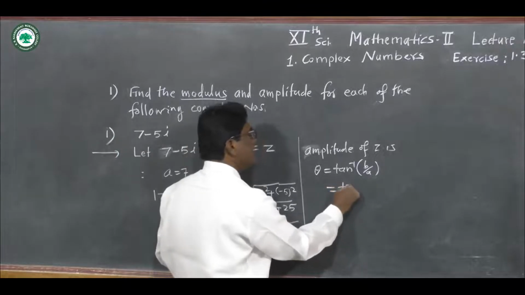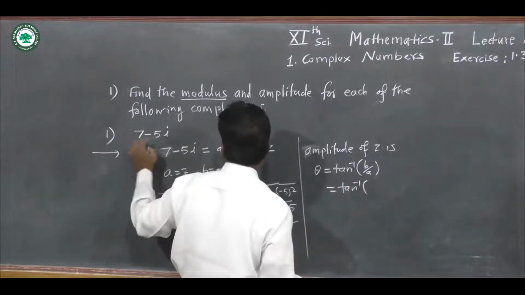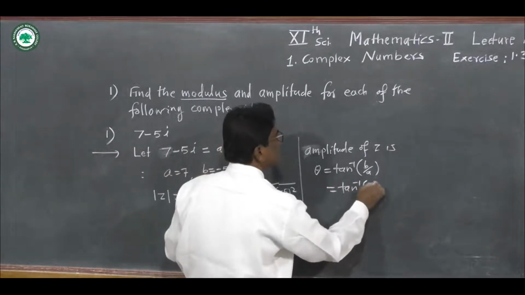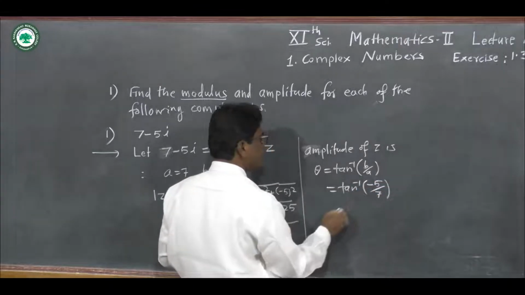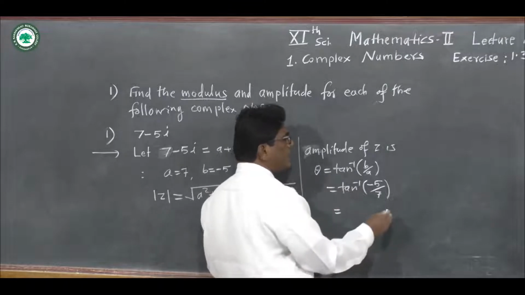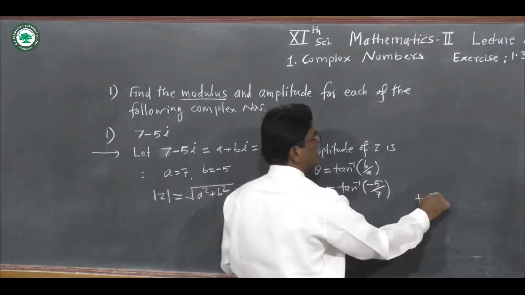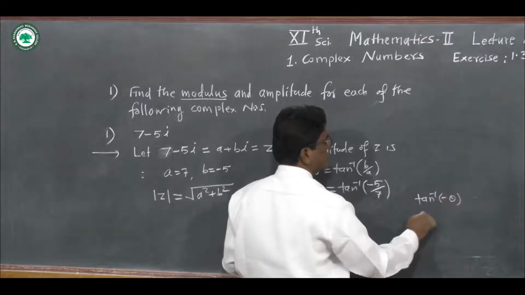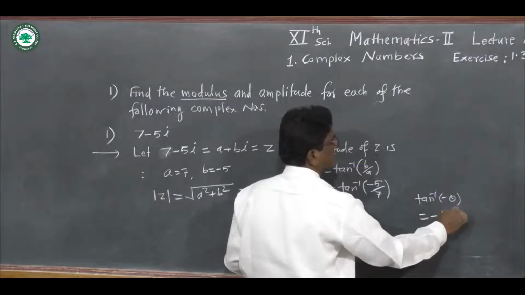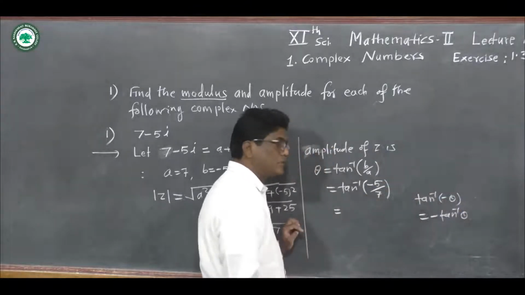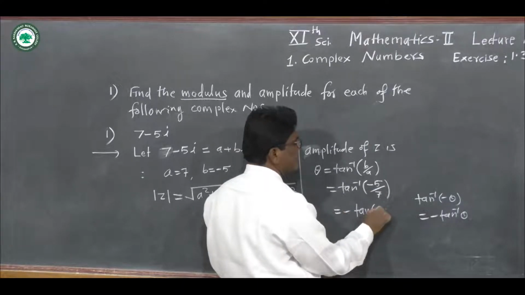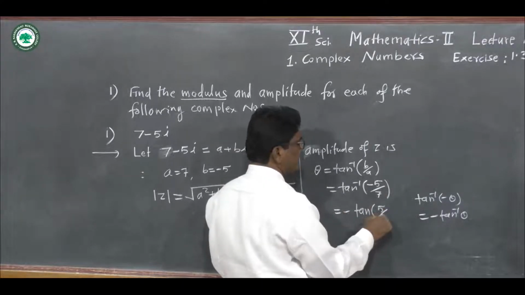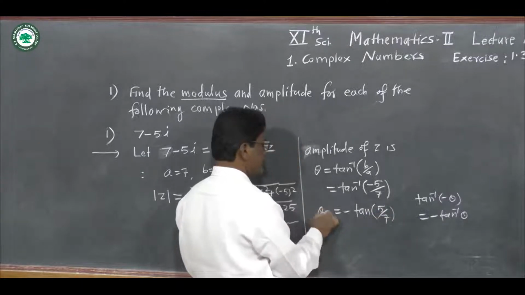Now put the value of b, which is minus 5, and a is 7. Now there is one formula, tan inverse of minus theta is equal to minus tan inverse of theta. So it is equal to minus tan inverse of 5 upon 7. So this is theta.